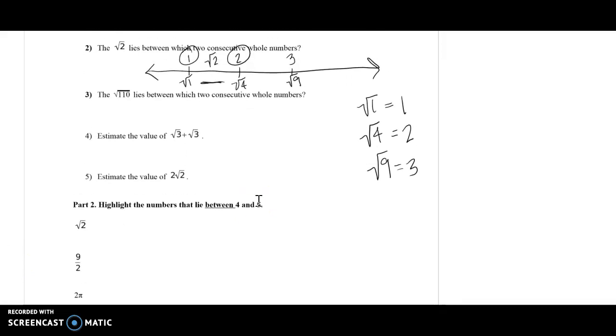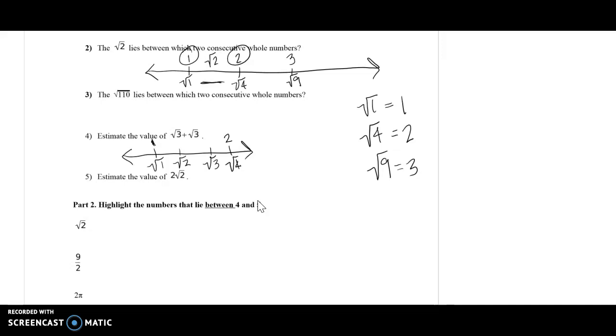Now looking at estimating the value of the square root of 2 plus the square root of 3. Again, I know that the square root of 3 is somewhere in between the whole numbers 1 and 2. So if we had to guess, we'd have the square root of 2 and the square root of 3, right?